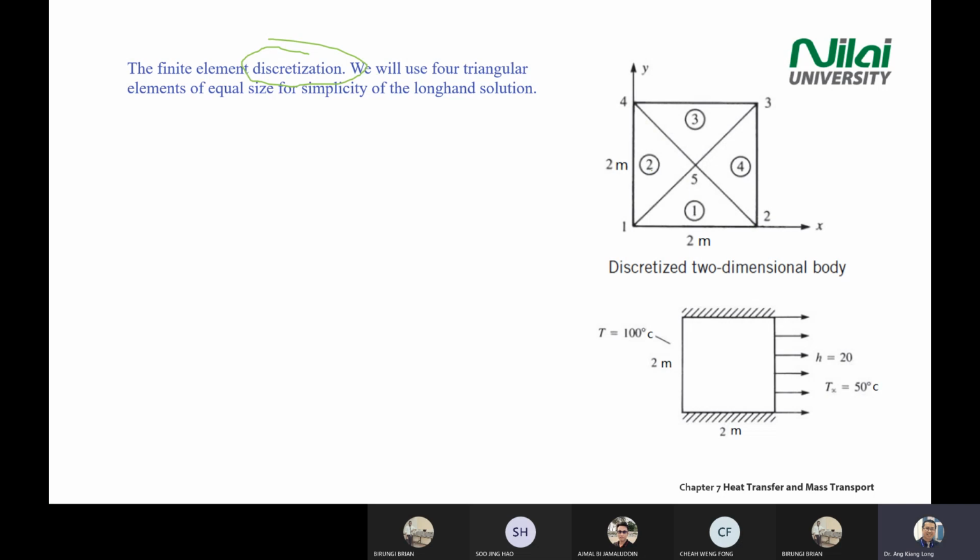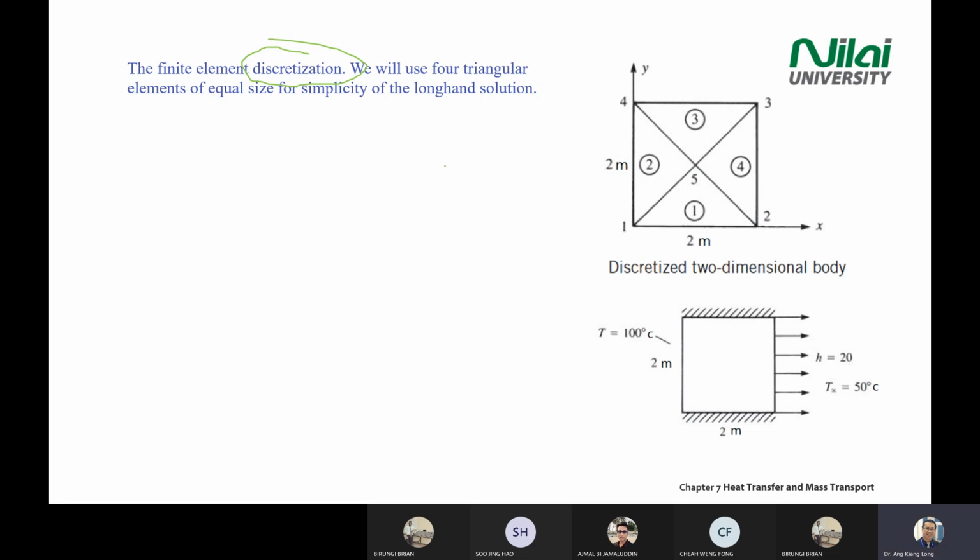So we will do the first step, discretization, meaning we do the meshing process. We transform the lower corner diagram into a free body diagram that gives you 4 elements here. And you label 1, 2, 3, 4 until 5. So for example, element 1 will give you 0, 1, 2, and 5.